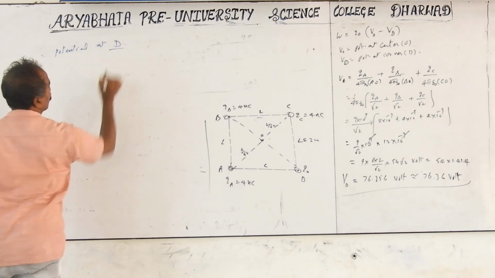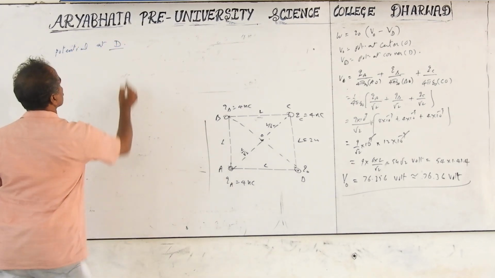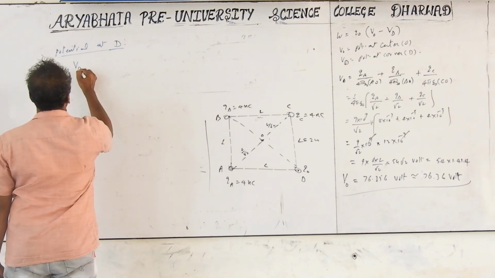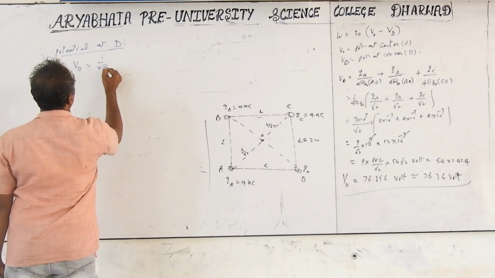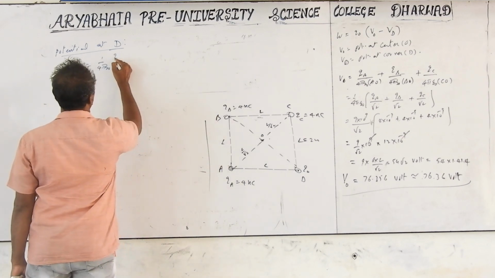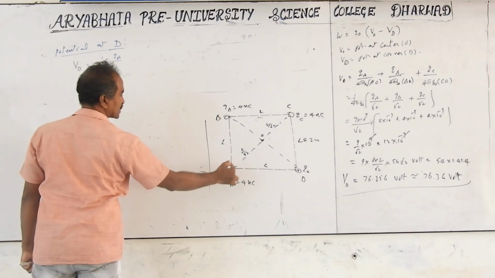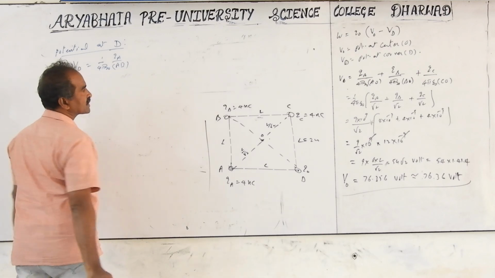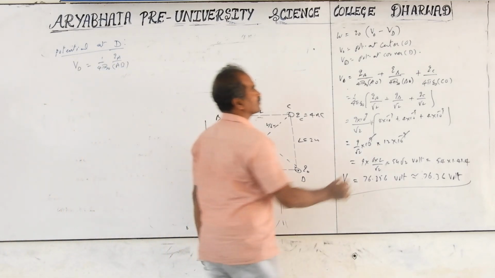At corner D, because all charges are different, V equals 1 by 4 pi epsilon naught into QA by the distance AD. Previously we took AO, now we are taking AD.